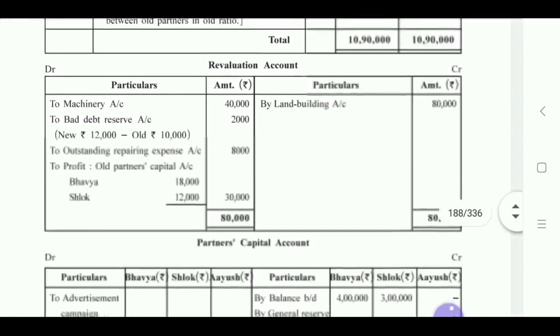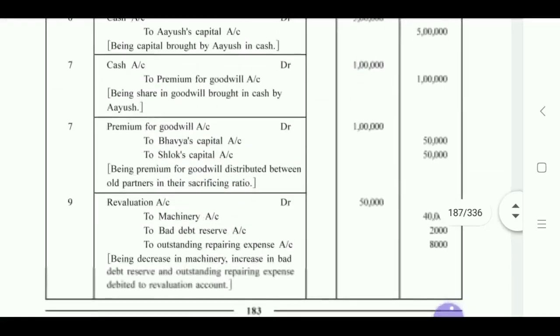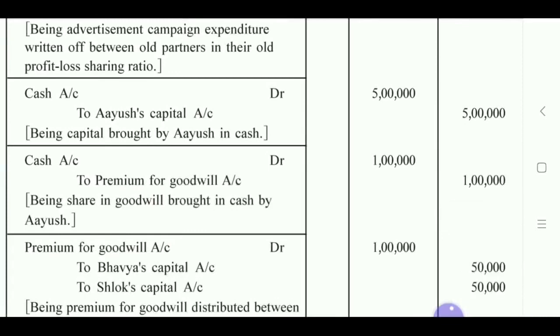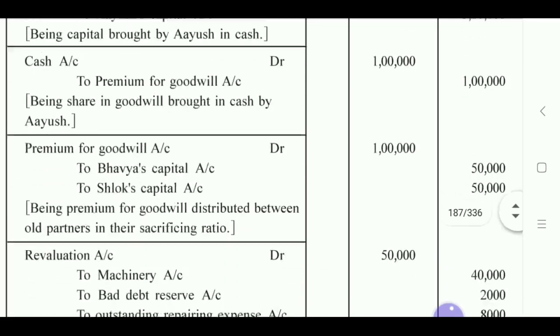Fine. Moving towards the next entry that I'm supposed to explain. Cash account debit to premium for goodwill account. Again we have cash account, but we do not have premium for goodwill account. So the process of posting will have only one effect, that is in cash account. Let us quickly check.